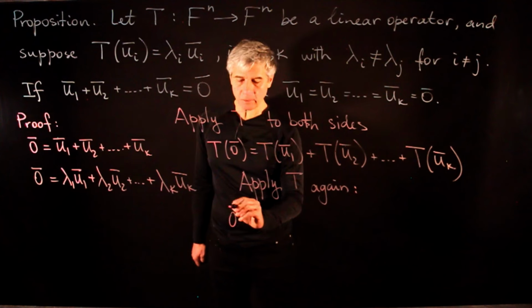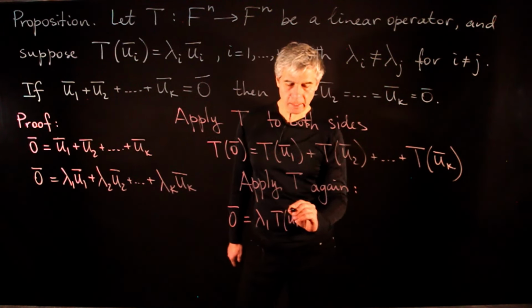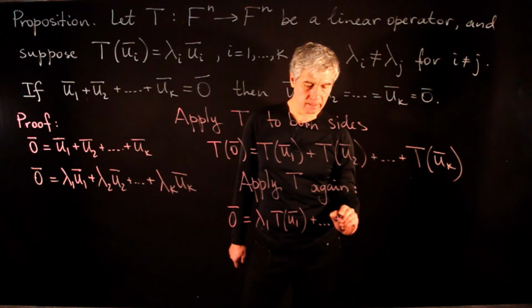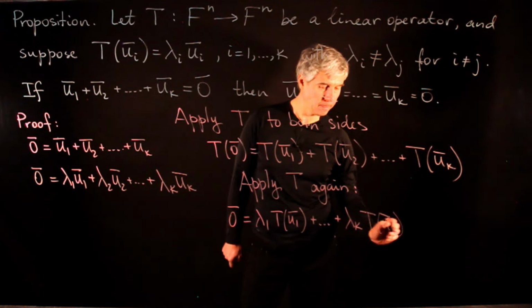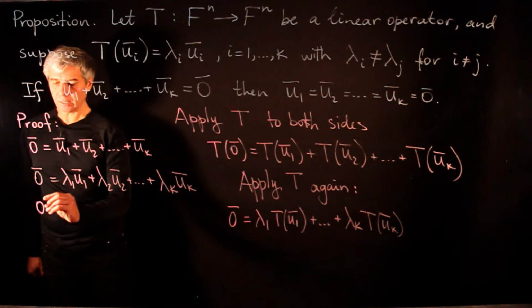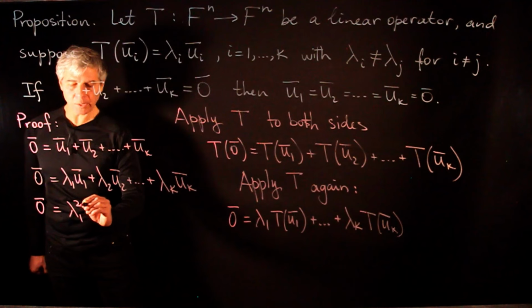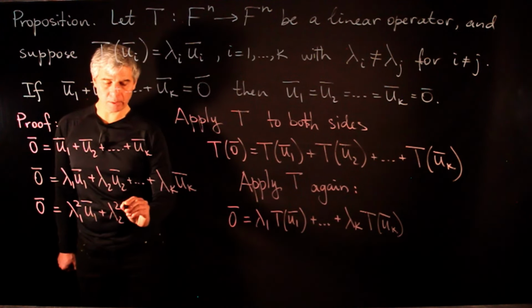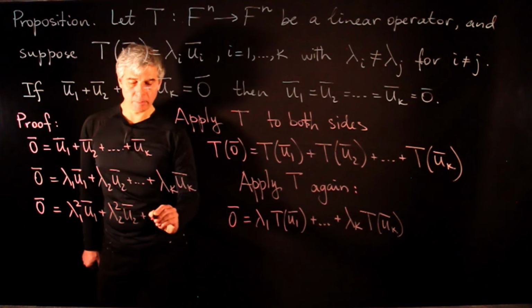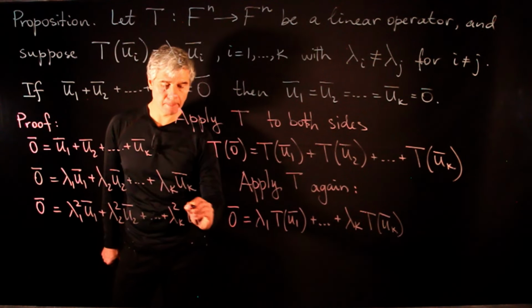So we'll get 0 is equal to lambda 1 T of u1 plus lambda k T of uk. And what we're going to get is that the 0 vector is equal to, now we have lambda 1 squared times u1 plus lambda 2 squared times u2 plus lambda k squared times uk.